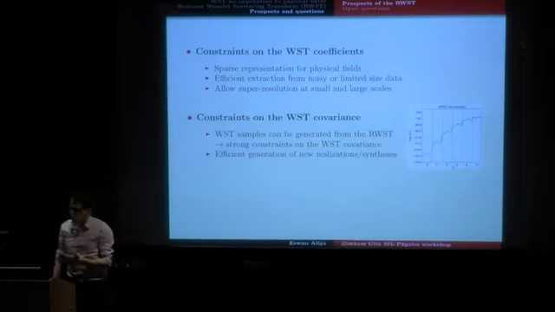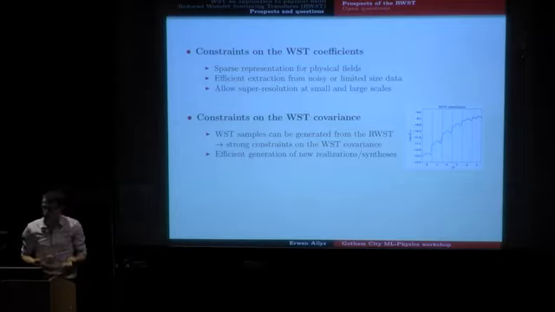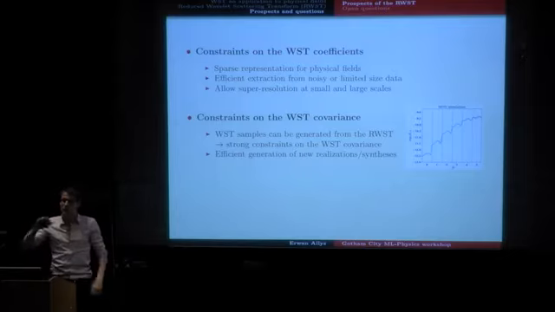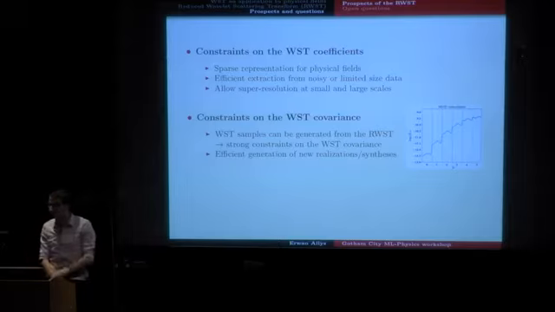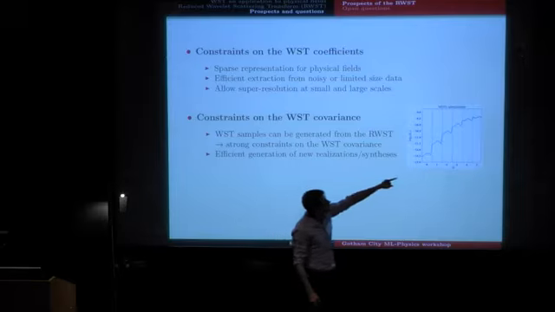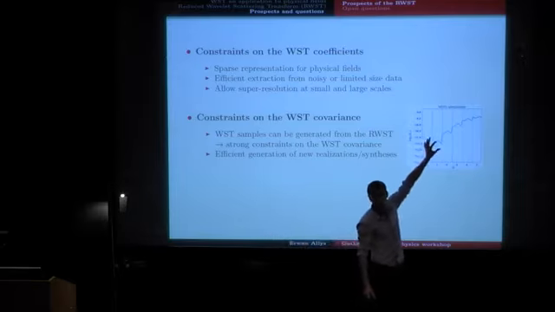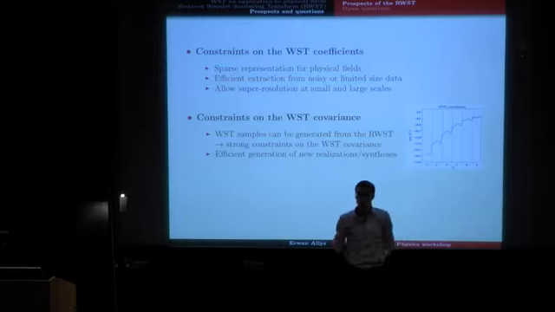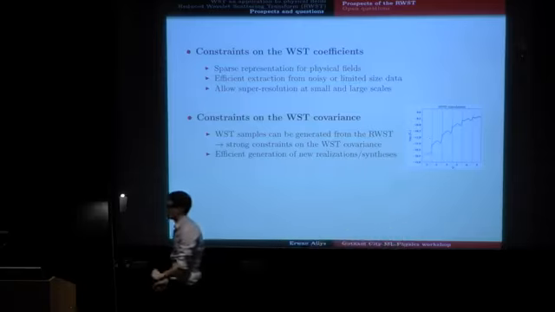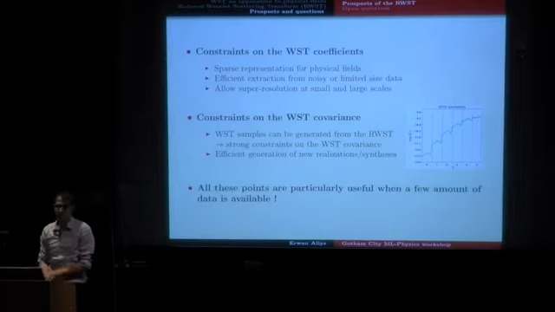So basically, when we want to obtain a new realization of WST coefficients, for example to do a new synthesis, we can displace ourselves on the surface of physical fields that we define with the WST coefficients. In terms of the simplicity I was talking about, we know that when these coefficients are modified, the isotropic level will be modified, the amplitude of the anisotropy will be modified, and the favorable direction will be modified, but you don't want to modify all the coefficients independently. All these points are particularly useful when a small amount of data is available, because we cannot brute-force machine learning.